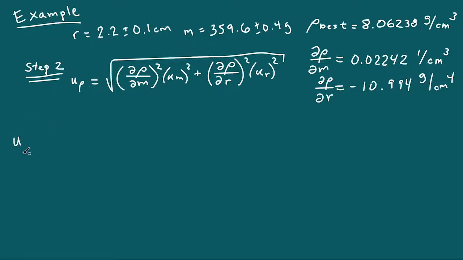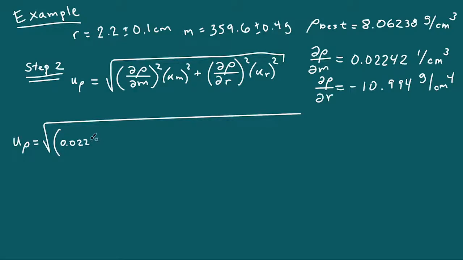So the uncertainty in rho is going to be the square root of the first term, d rho dm, and that is 0.02242. That has units of 1 over centimeters cubed. That whole thing is squared, and it's multiplied by the uncertainty in m, which is 0.4 grams, and that term is also squared.